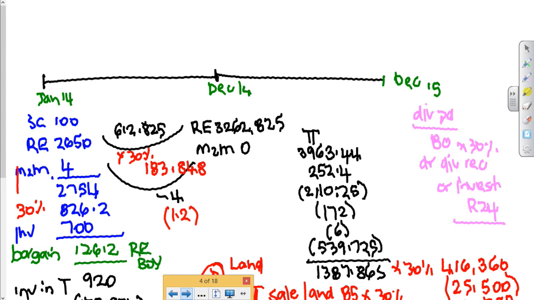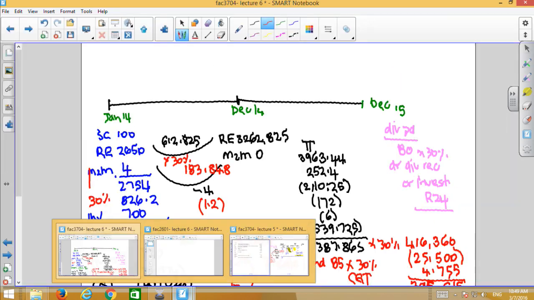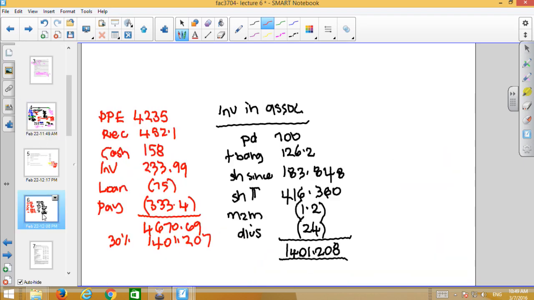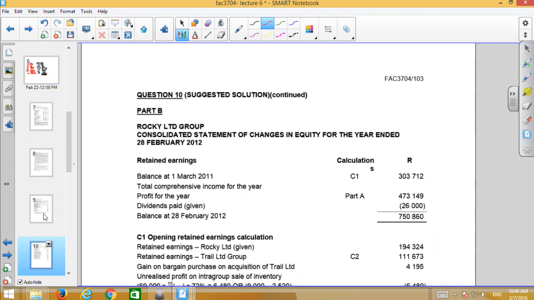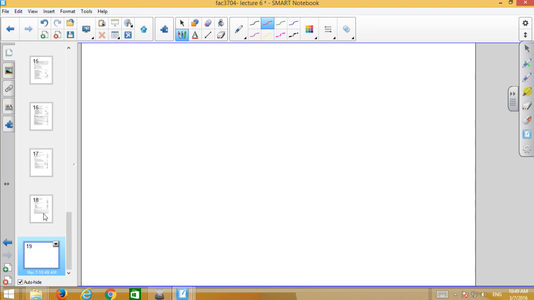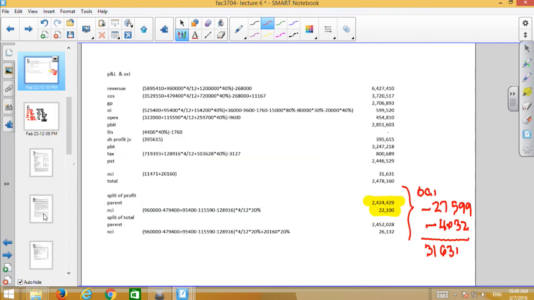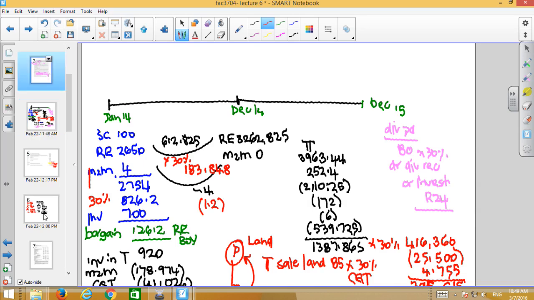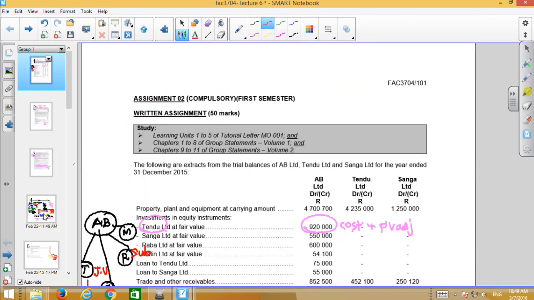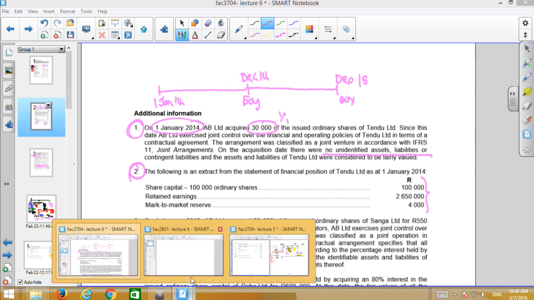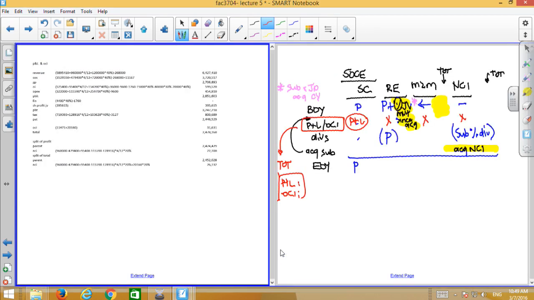Now, what did I do with the statement of changes in equity that I was working on? It's disappeared. What the hell? I was just working on it.